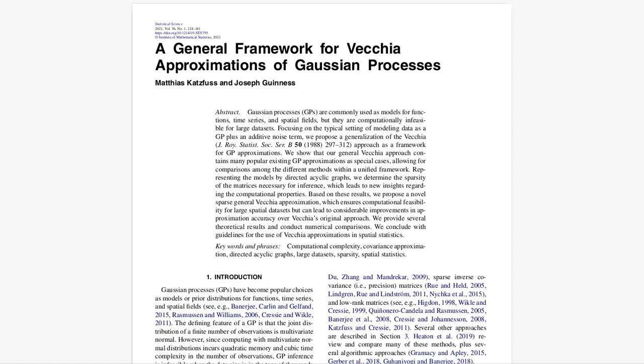Those choices we make about ordering and conditioning. Those seem pretty crucial. They are. And while Katzfuss and Guinness provide some really excellent guidance, finding the optimal settings for a given problem can still require some experimentation and fine-tuning. So it's not always a plug-and-play solution. Not always. You might have to try different things to find that sweet spot between accuracy and computational efficiency.